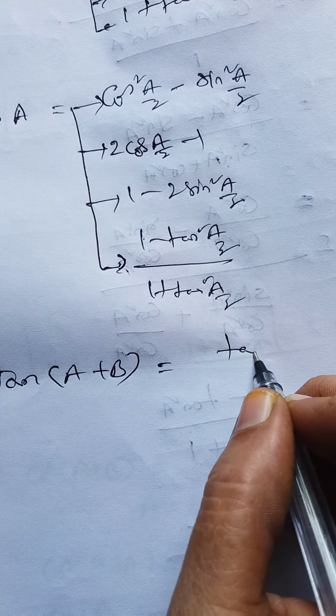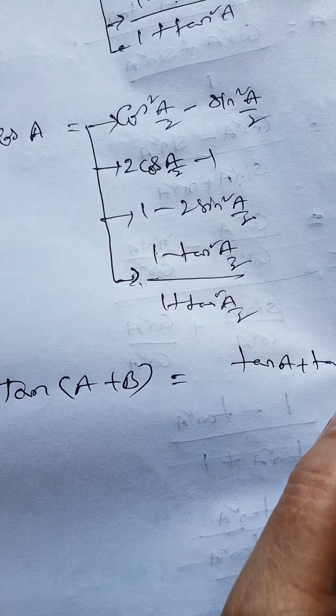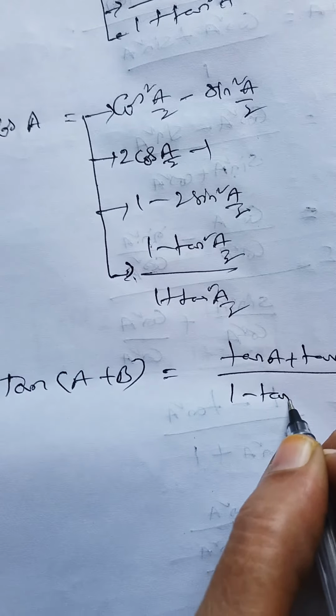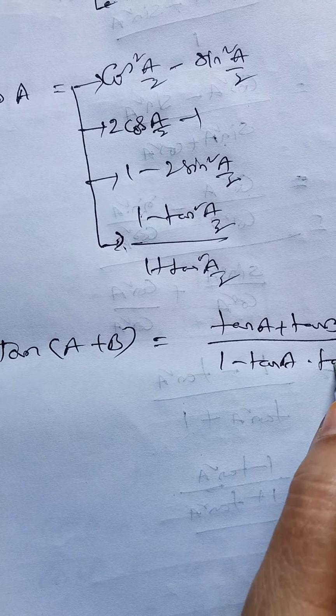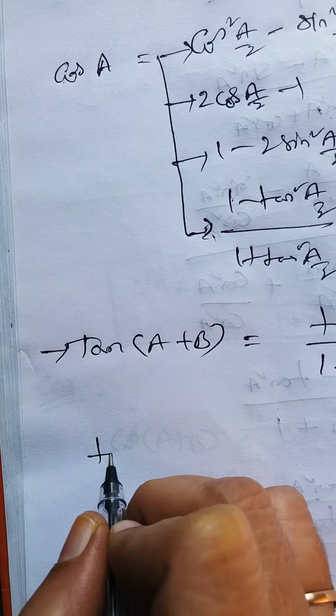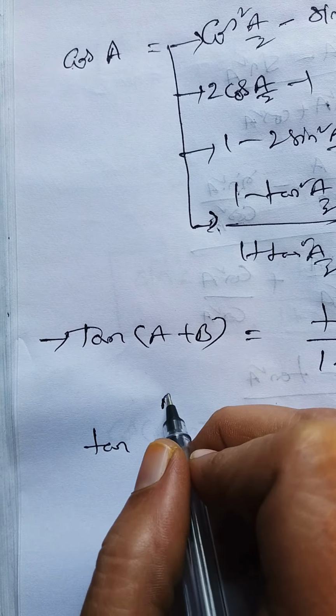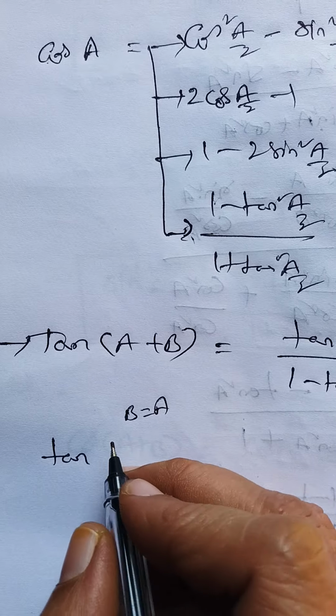Now about tan. So we know that tan of a plus b is equal to tan a plus tan b by 1 minus tan a into tan b. Now I want to find tan 2a. Put b is equal to a, the similar concept.